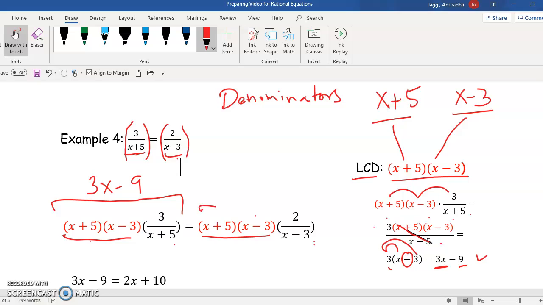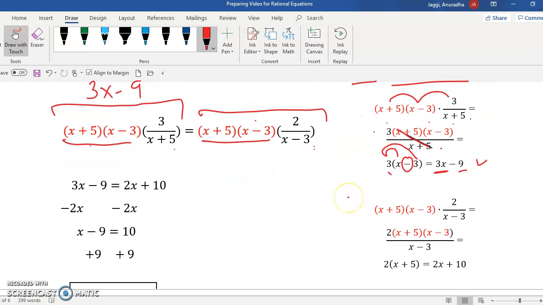Similarly, the right hand side of the equation, when you simplify it, you have x plus 5 times x minus 3 times 2 in the numerator and x minus 3 in the denominator.